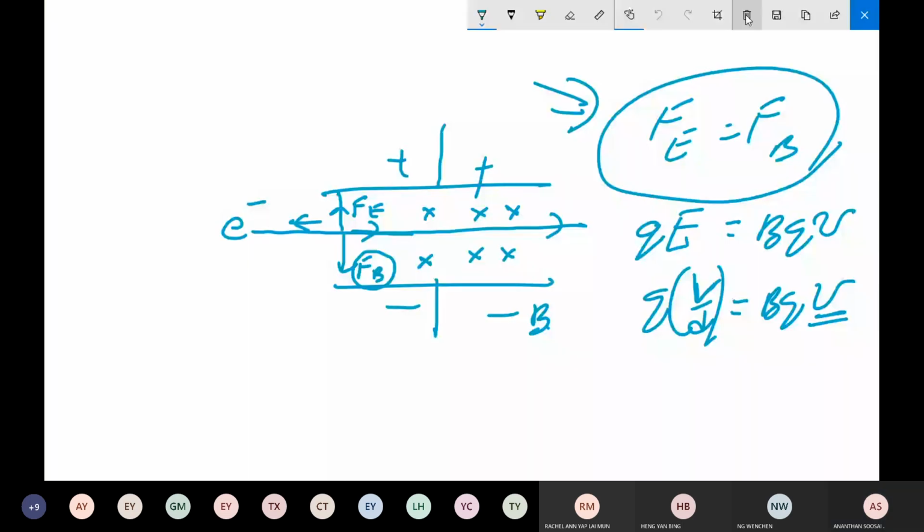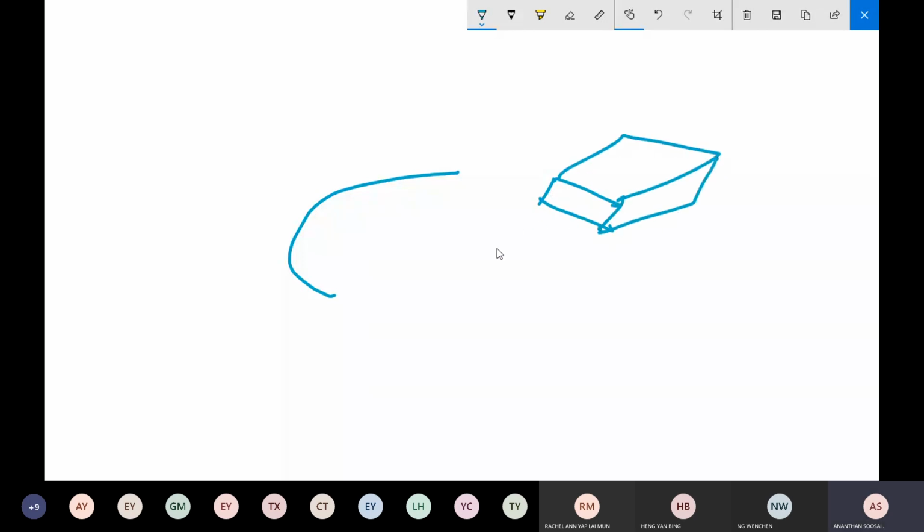You see here, you have an electric field and you have a magnetic field. You have a plate, like this conductor. A current is passed through this conductor.